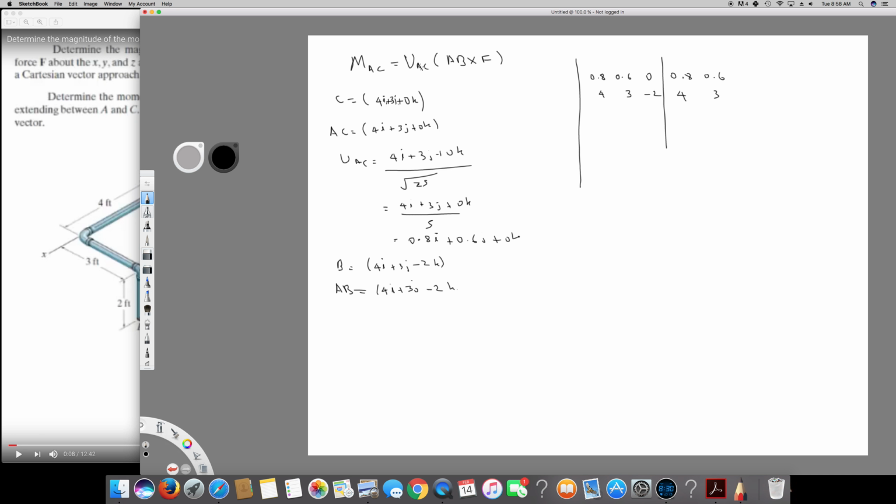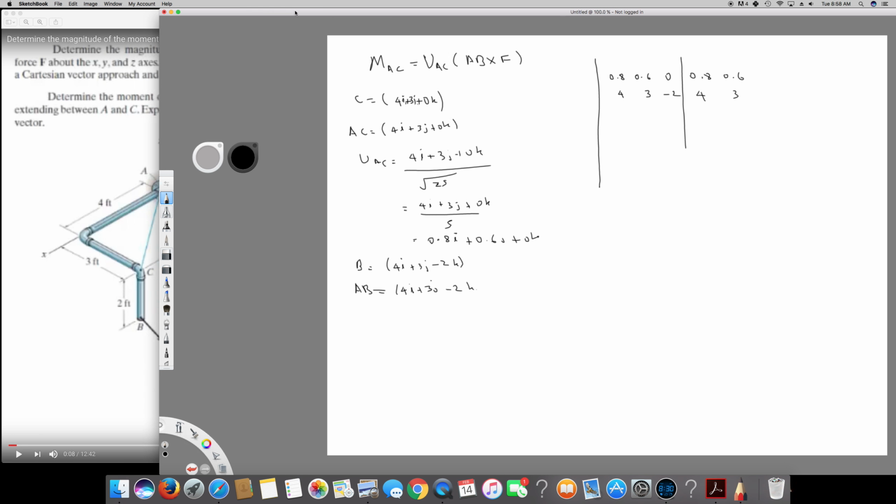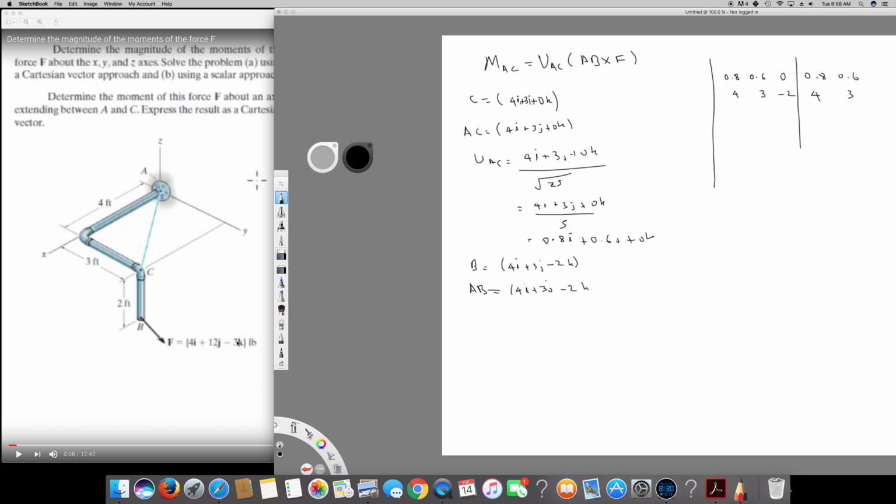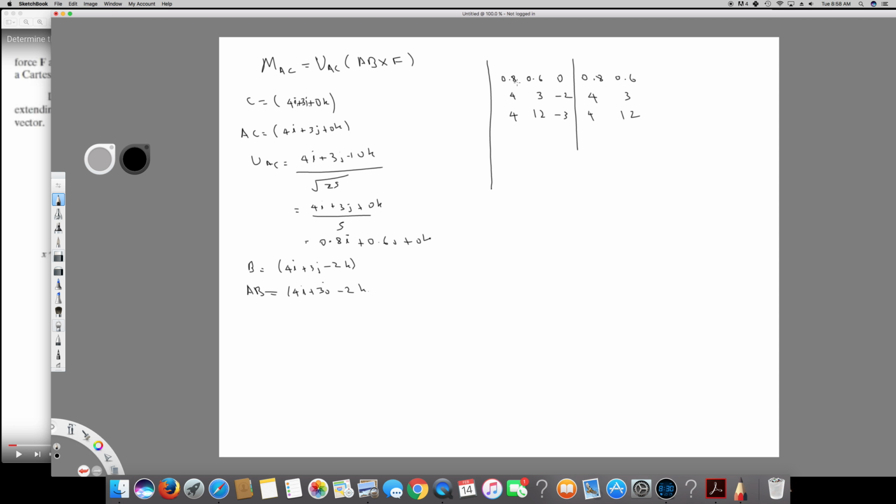And then UAC, AB, cross F. F we already know is 4, 12, minus 3, so I'm going to copy that. Now if I cross this, this times this, this is my positive direction.